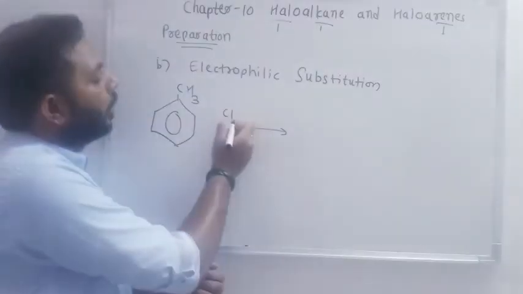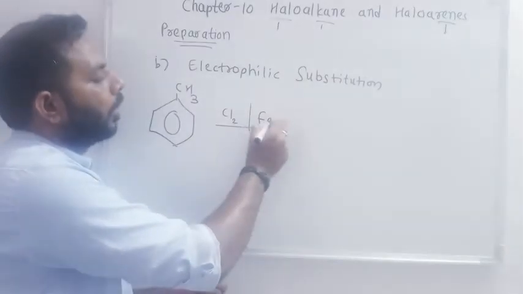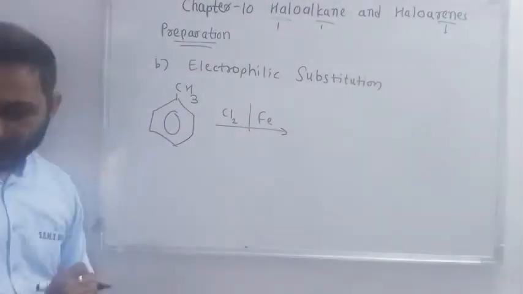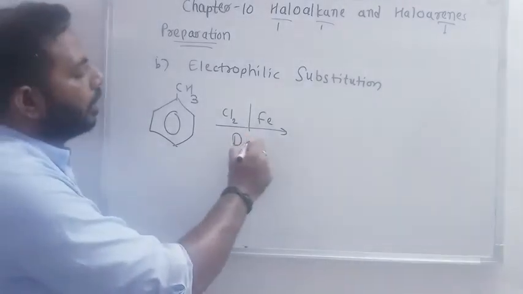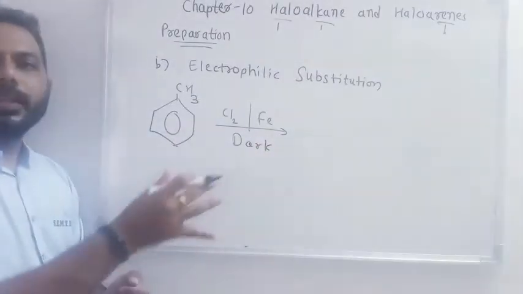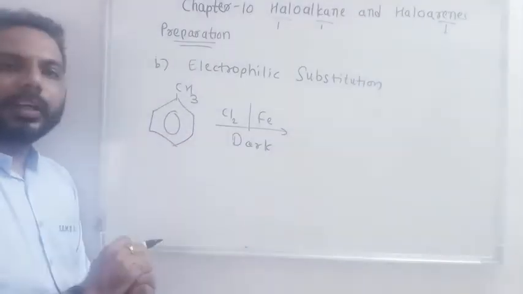Toluene reacts with chlorine in presence of iron or FeCl3. This reaction takes place at normal room temperature, and it has to take place in dark.